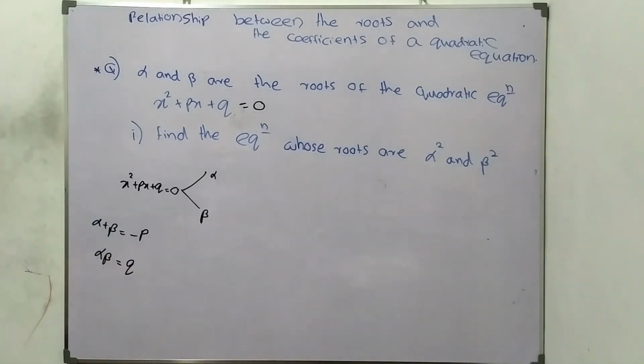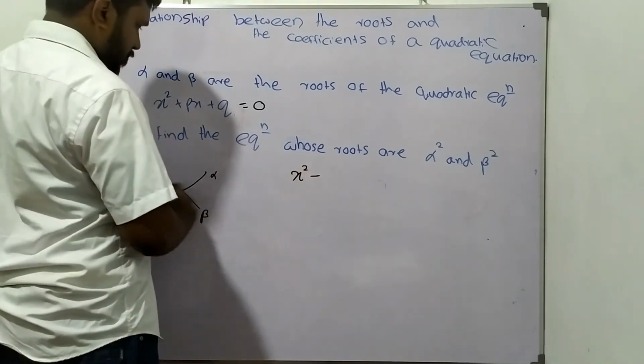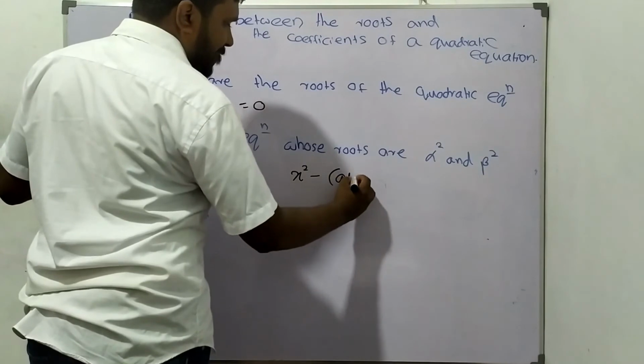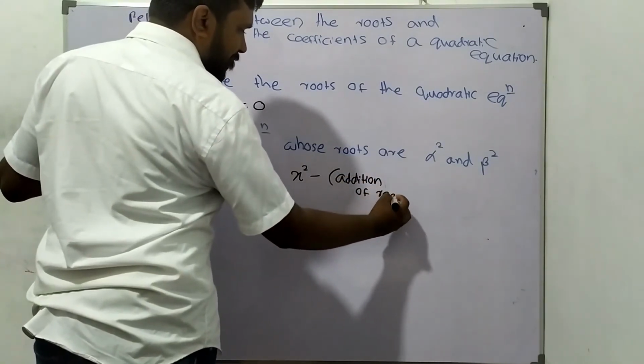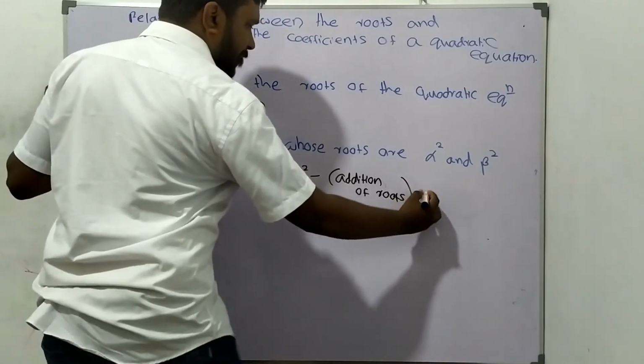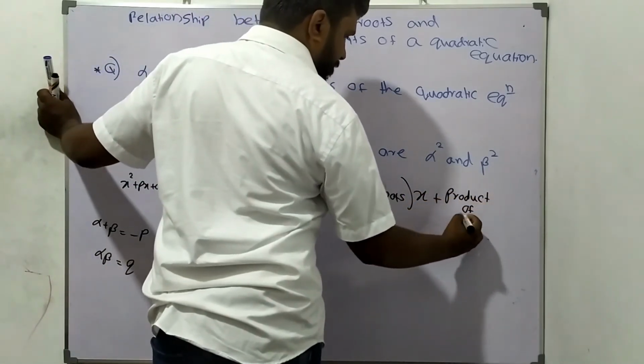The product of the roots, alpha beta, equals q, using our previous identification. And we need the equation whose roots are alpha squared and beta squared. You know, all the time the x coefficient is the addition of the roots, and the constant is the product of the roots.